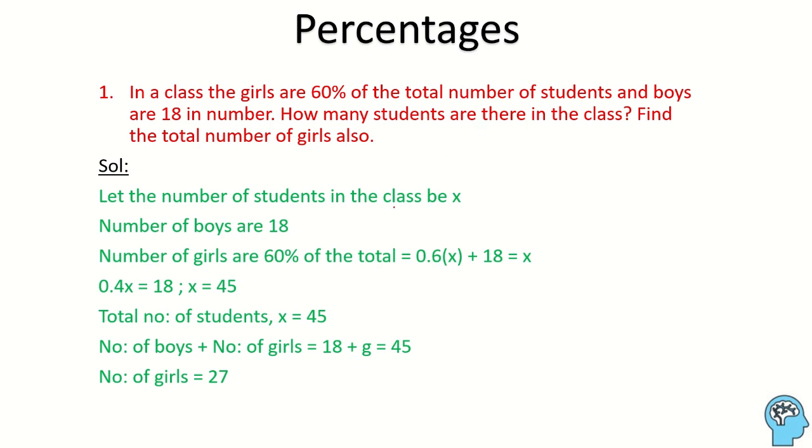Let the total number of students be x, and the number of boys is given as 18. The number of girls is 60% of the total number of students.